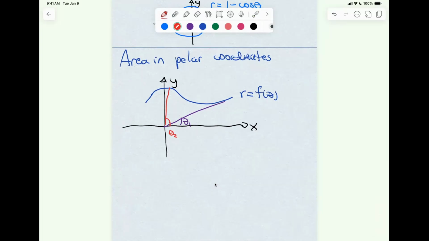If you see here, I just need three things: the curve and the two rays, and I'll find the area enclosed by these three things.